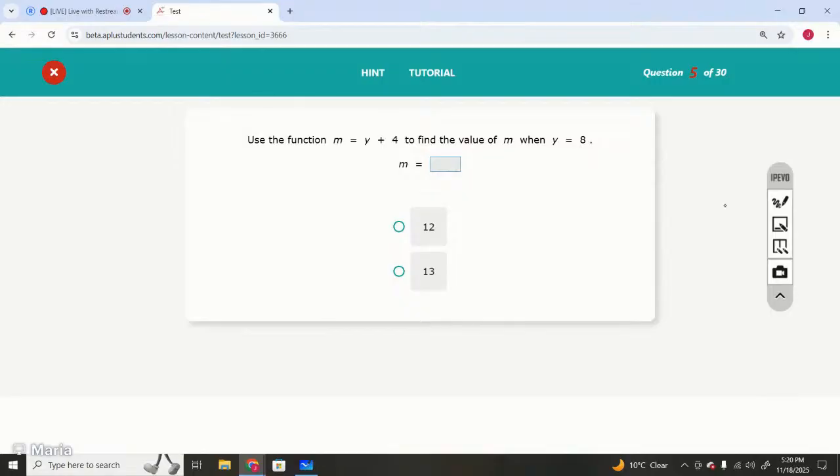So replace the variable y with 8. So that is 8 plus 4 equals 12. So the correct option is 12.